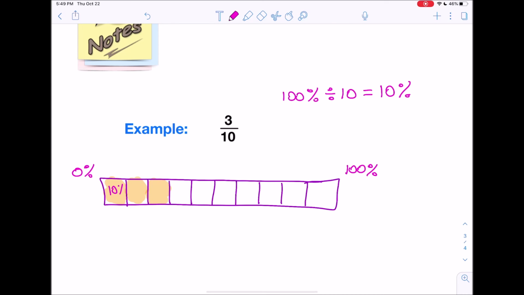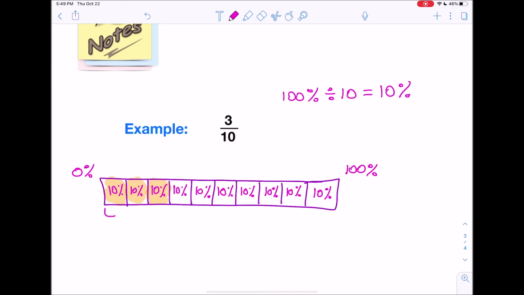So we have 10% here, here, and all these squares are each worth 10%. Once you figure out what each square is worth, you can ask how many squares are colored in.